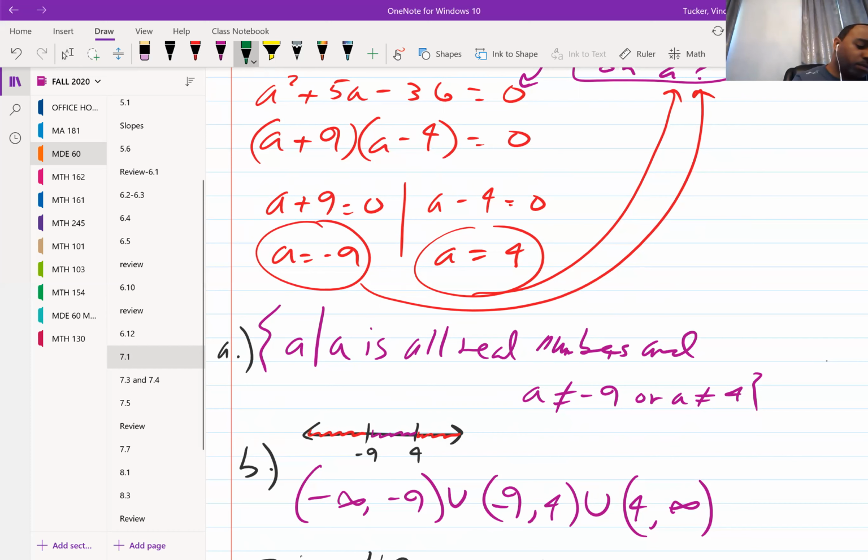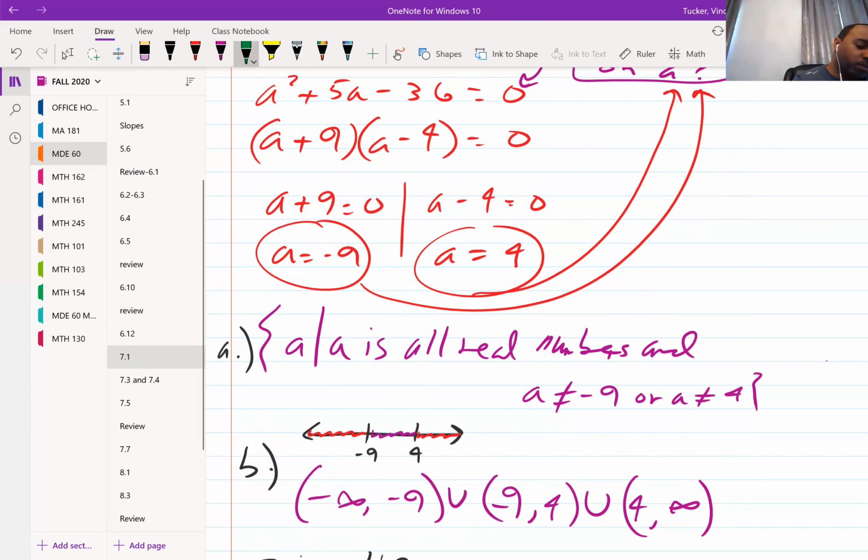Wait a minute. Questions? Can you scroll up? I'm missing this little purple box. Well, can you show me what that box is? It says, what are the restrictions on A? And that's what we were finding out. What values can we not use when it comes to plugging in for A?